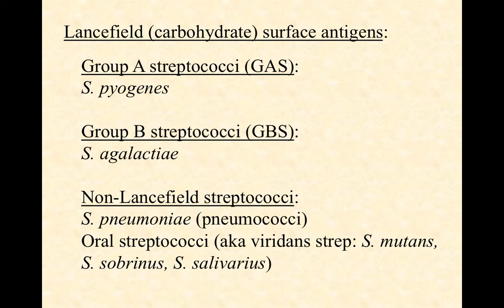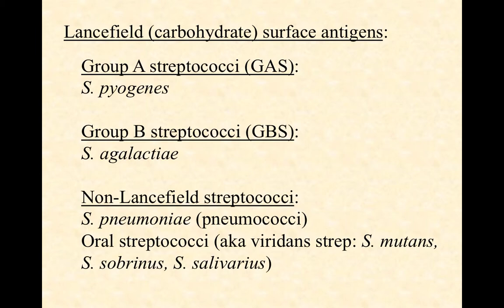Now you've heard terms like group A strep and group B strep. These are based on a classification system that was developed by a woman named Lancefield. And what she designed was a very rapid way to differentiate the different streptococci based on surface carbohydrates, so capsule carbohydrates.